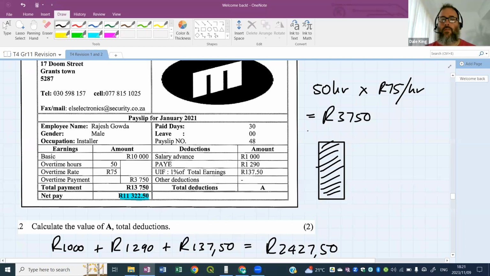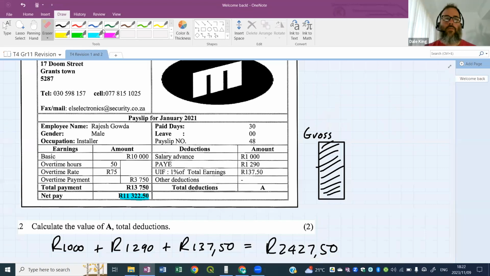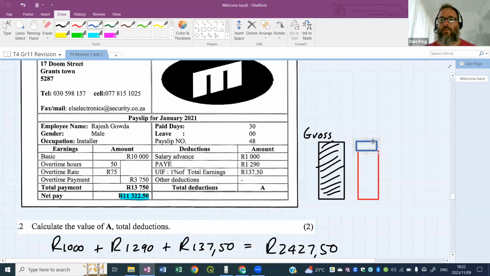I'm going to write it here with a black pen. And then they will come and take a piece of that off. So now your stack is a little bit smaller. This piece that they took off here at the top are your deductions. This blue section here are your deductions. And what's left behind is net.